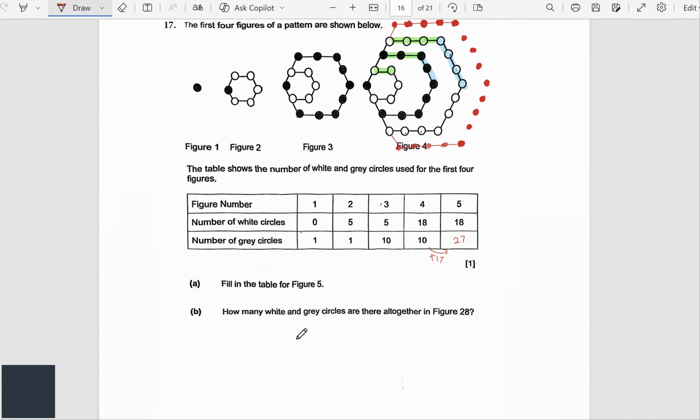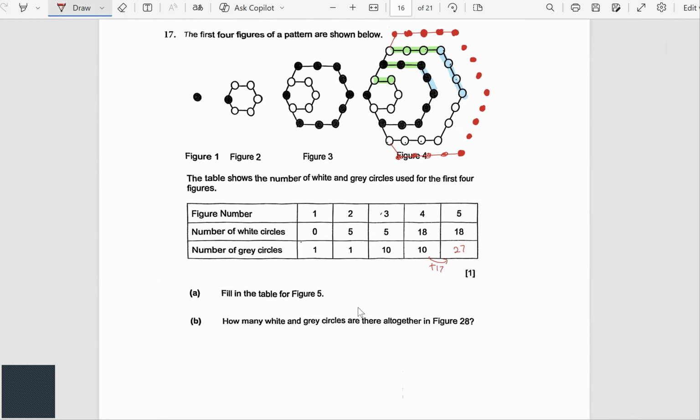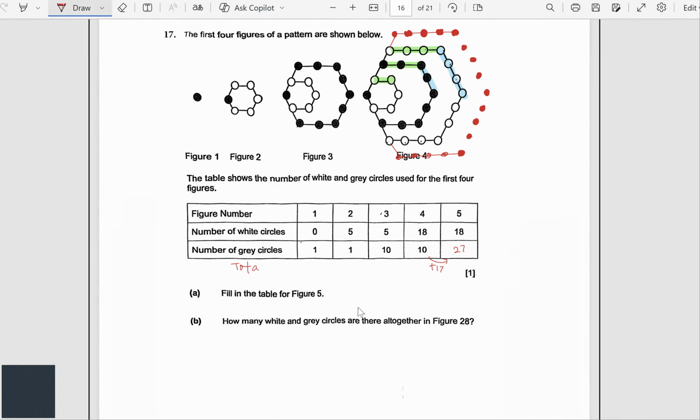Okay, then how many white and gray circles are there altogether in figure 28? So this is asking for the total. Let's try and see if there's a pattern for total. So you add the white and gray. This is 6, this is 15.